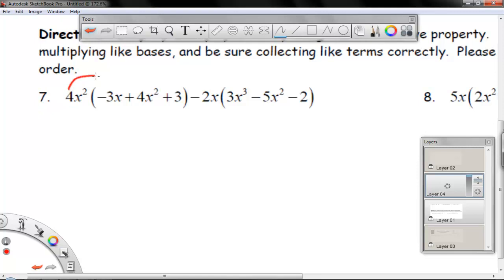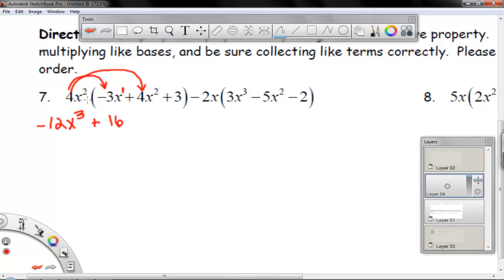Alright, so I'm going to distribute the 4 through there. So 4 times negative 3 will give me a negative 12. And then x squared times x to the first will give me x to the third. Remember, when we multiply like bases, we add their exponents. Now I will take 4 times 4, which gives me a positive 16.